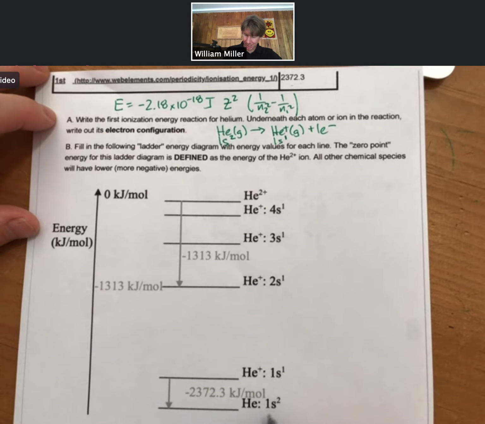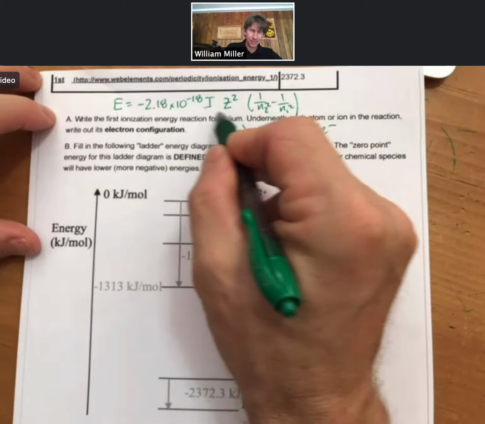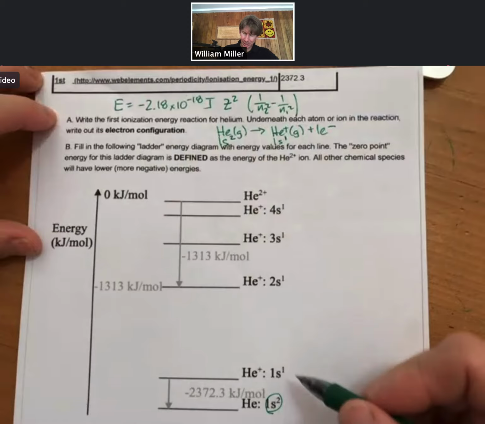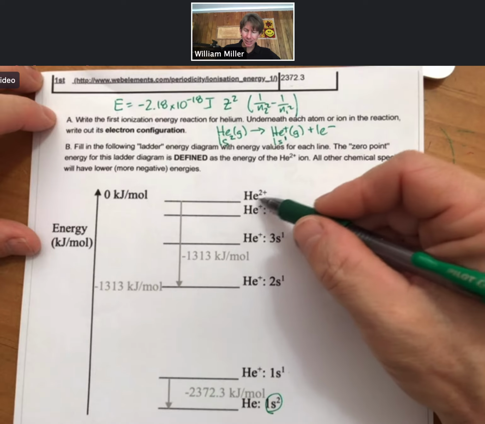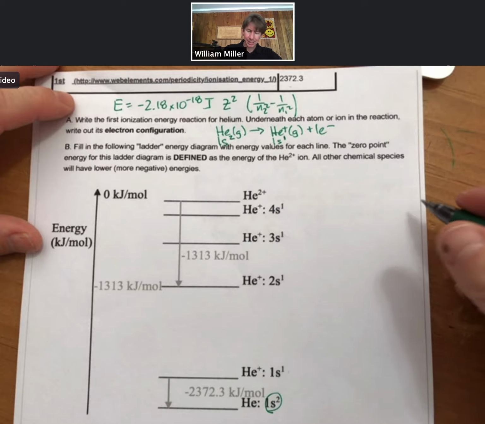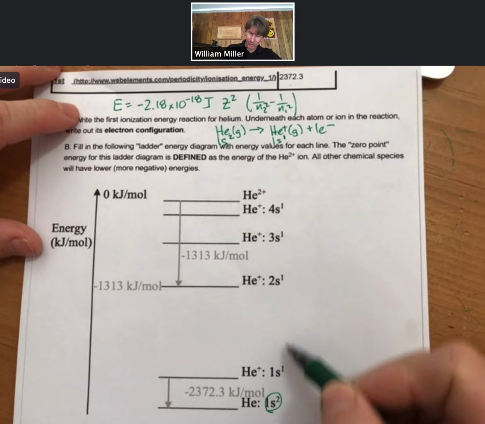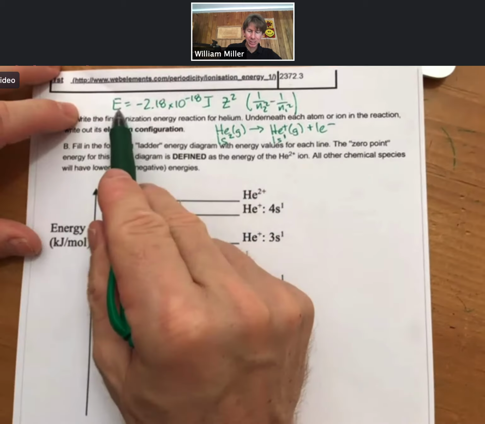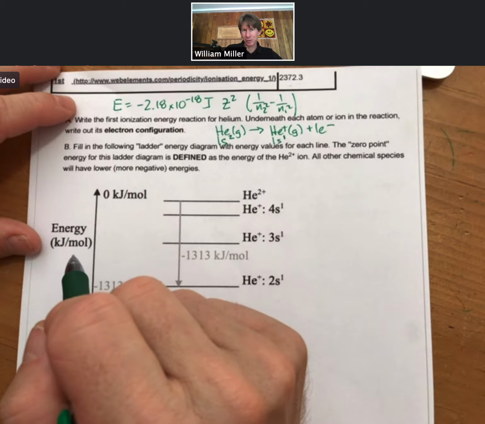And this state right here at the very bottom has 2 electrons in it. And so for 2 electrons, we cannot use this equation. But here we have 1 electron, all the way up until helium 2 plus has no electrons. And what you can do, though, is for all of these, you can use this equation to find the difference in energy.